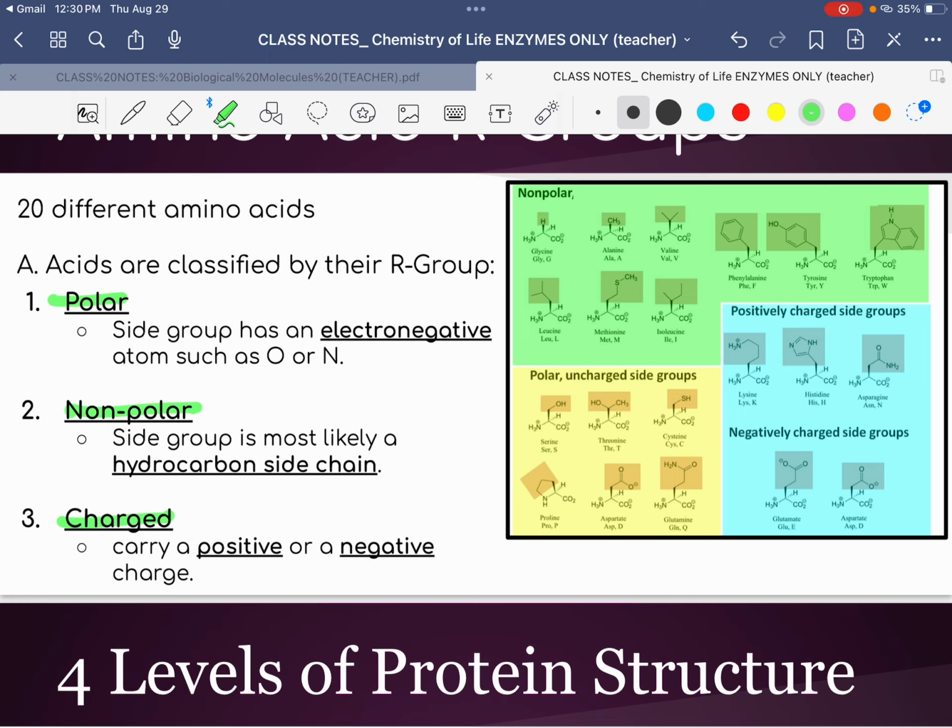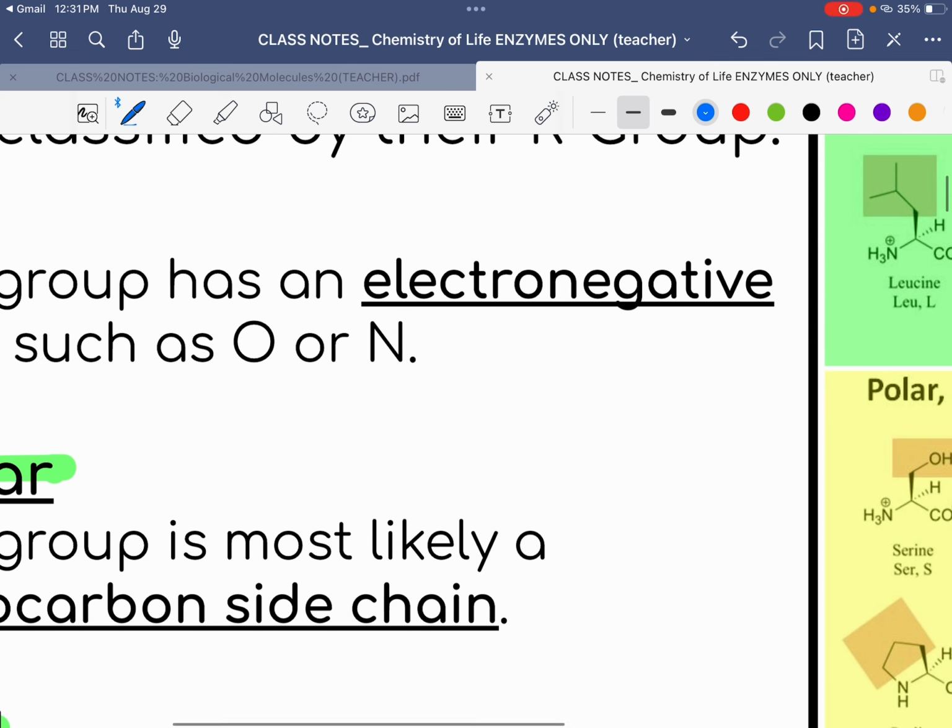If I give you a structure of an amino acid and I say, hey, look at this amino acid, what is it? Is it a polar amino acid, a non-polar, or a charged? You would be able to determine that pretty easily, okay? So polar R groups are R groups that contain electronegative atoms like oxygen or nitrogen.